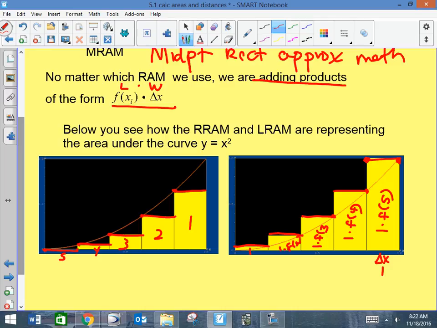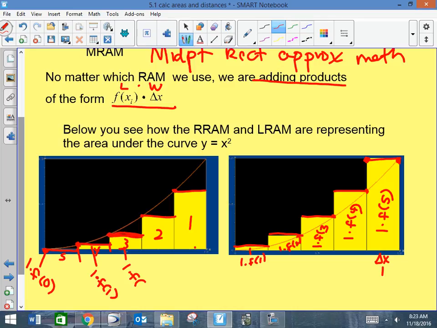And 0 times, no. I missed. Oh, okay, sorry. 1 times F of 1. Okay. Over here, we have to right F of 0 times 1. This is 1. So this rectangle has 1 times F of 1. 1 times F of, it's right here.